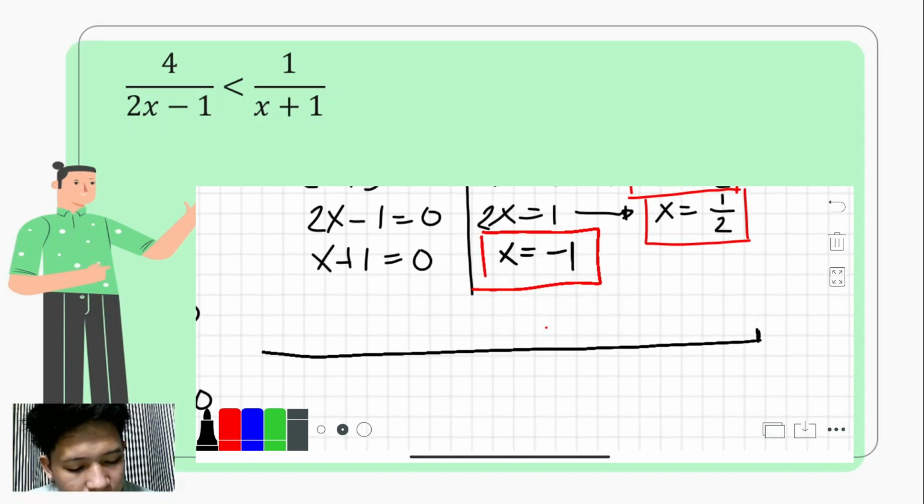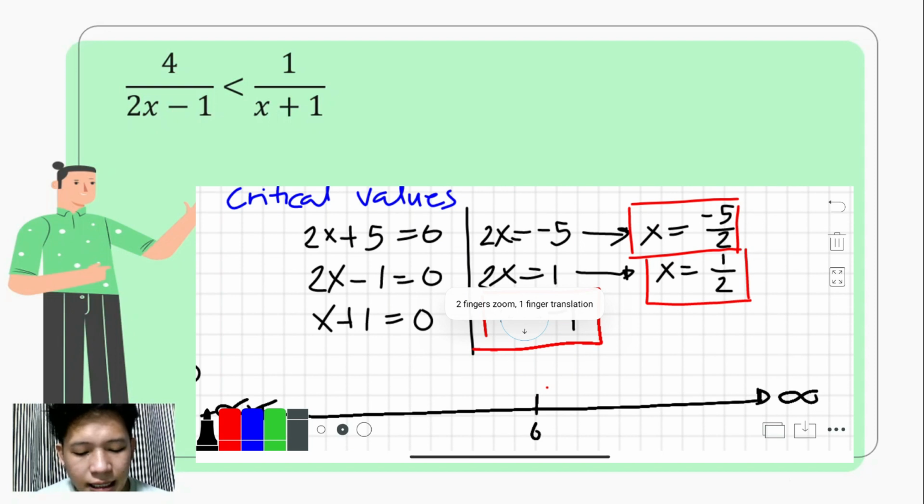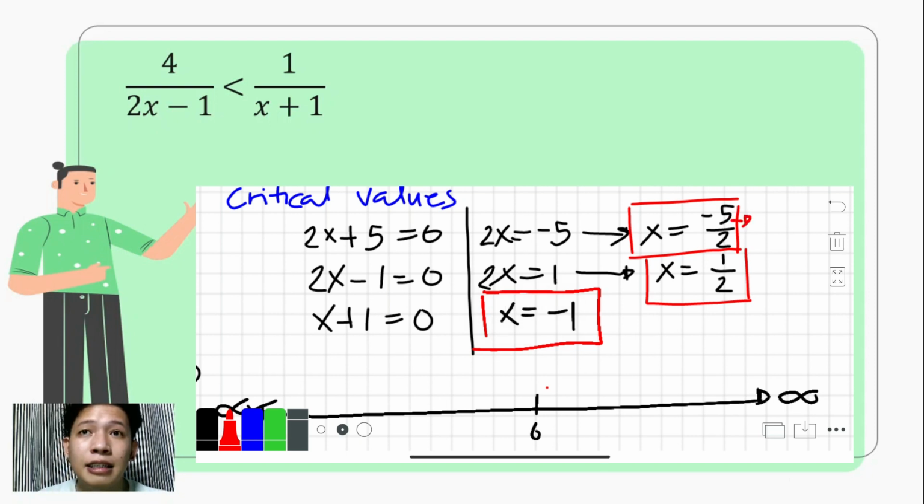So this is to positive infinity, and this would be to negative infinity. And if this is our 0, then our first critical value is negative 5 over 2, which can be simplified to negative 2.5.